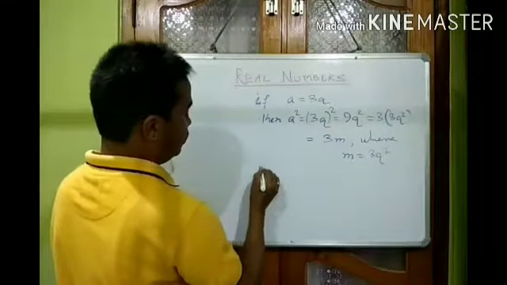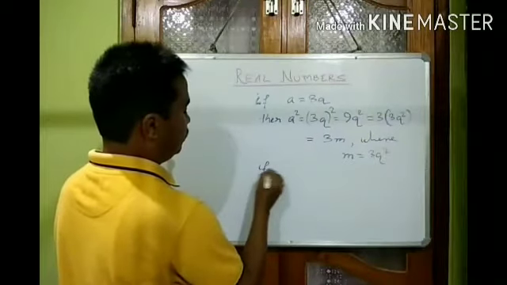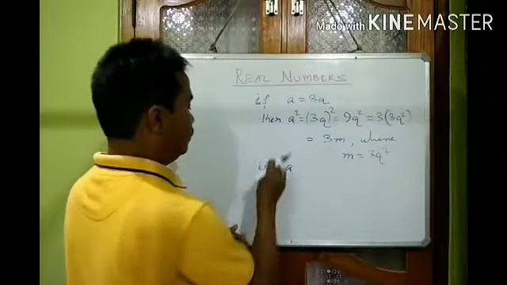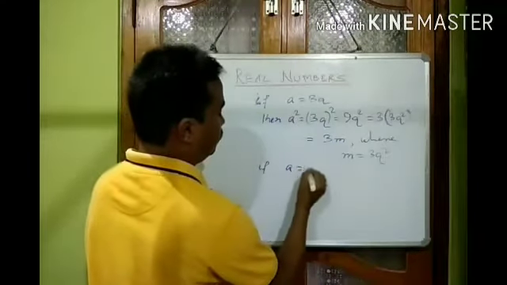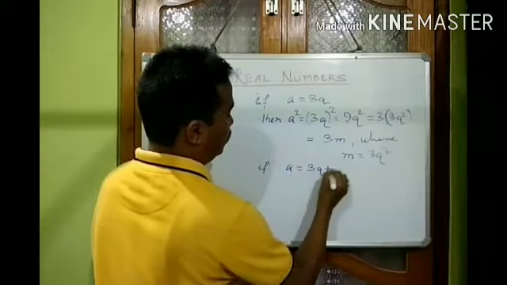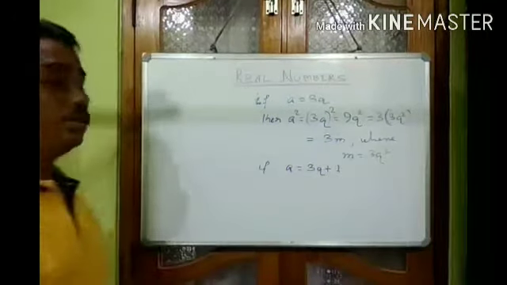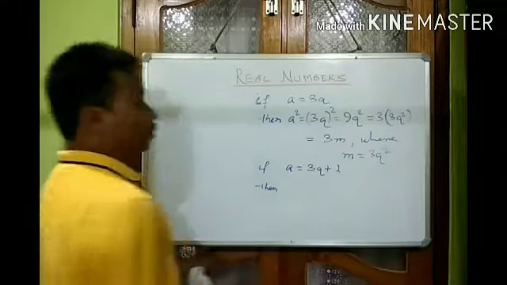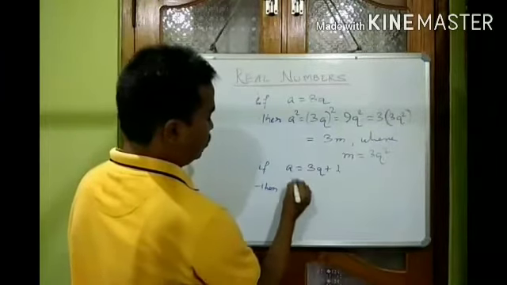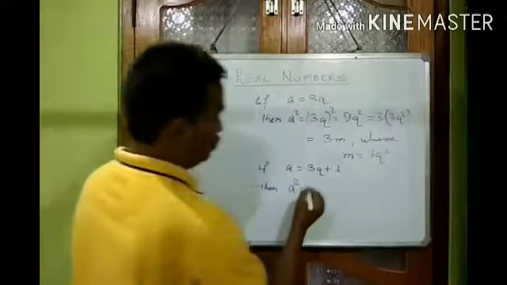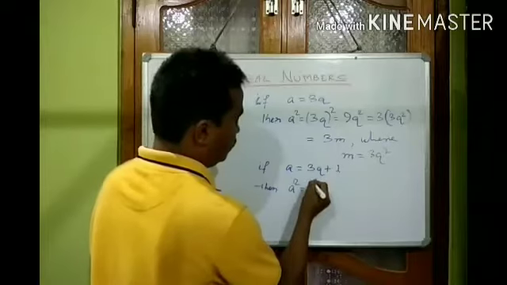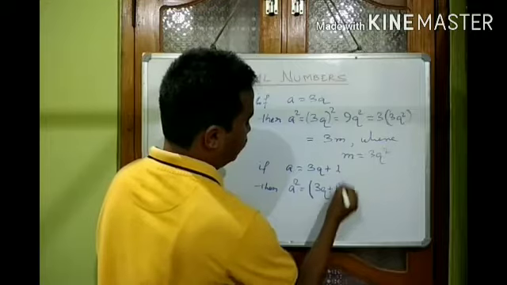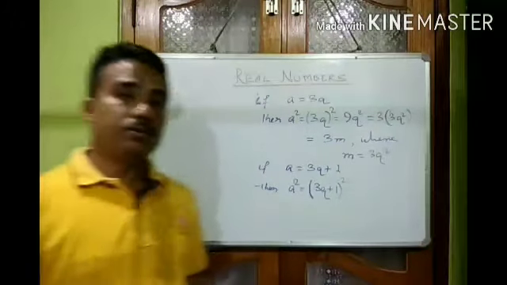Now second case, if a is equal to 3q plus 1, then squaring both sides, a square is equal to 3q plus 1 whole square.